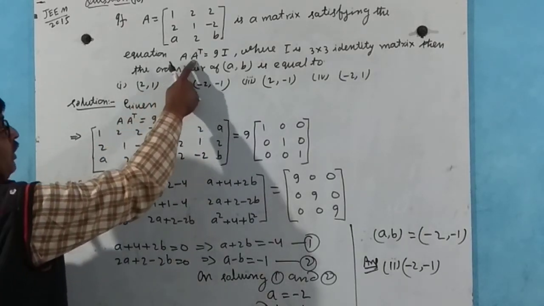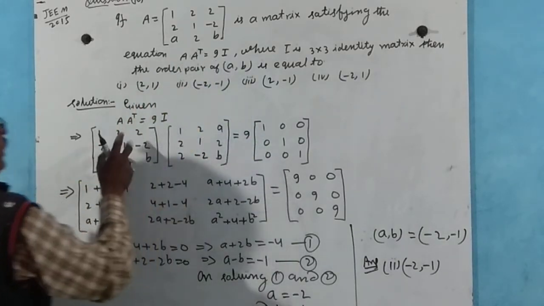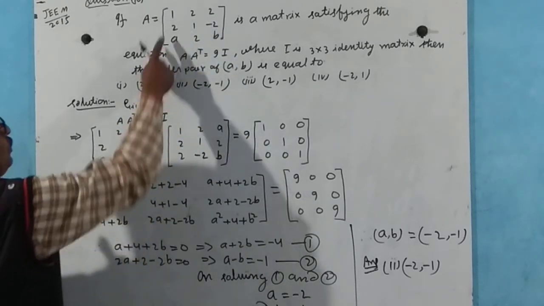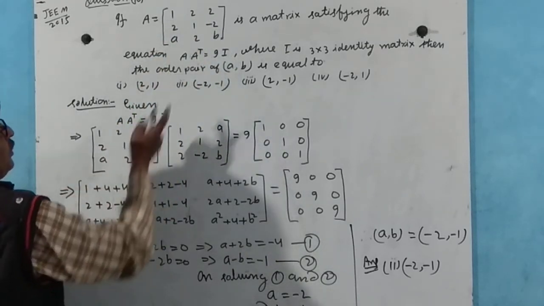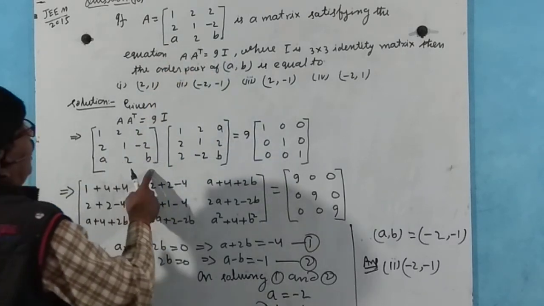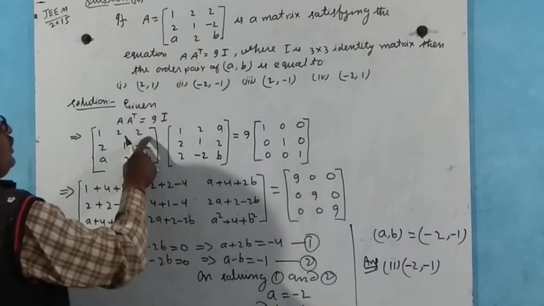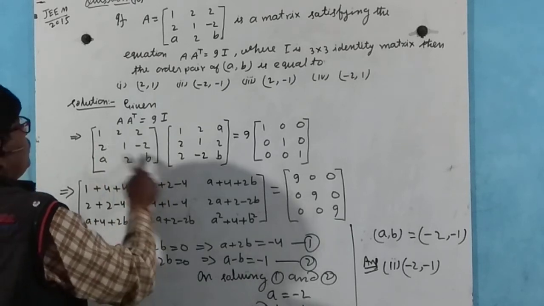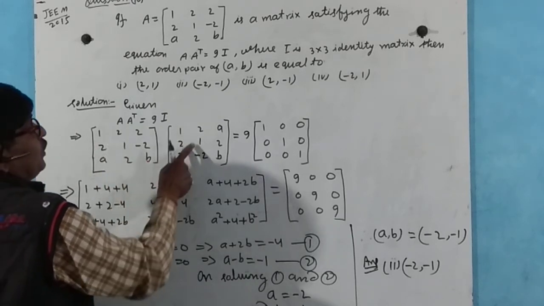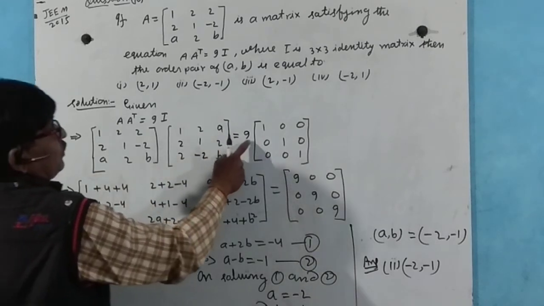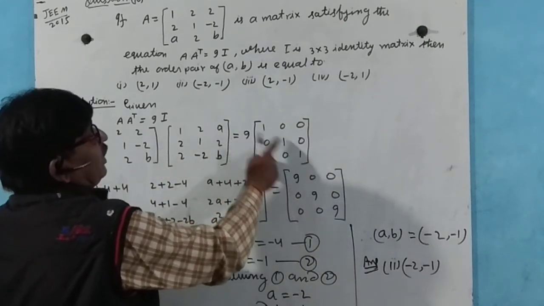Now given that A times the transpose of A equal to 9I, A equal to the matrix 1, 2, 2; 2, 1, minus 2; a, 2, b, and the transpose, where rows are transferred into columns, equal to 9I, a 3 cross 3 matrix.